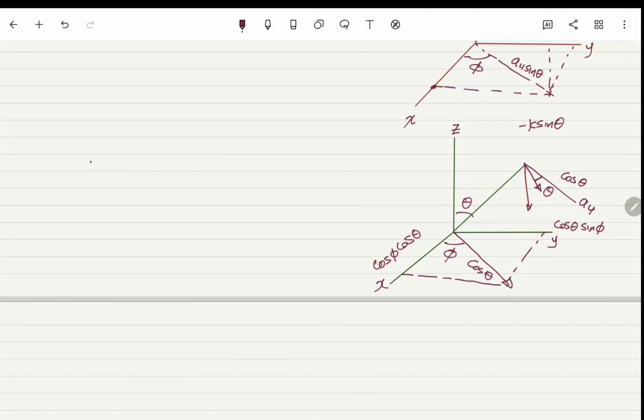After all, theta hat will be equal to I hat cosine phi cosine theta plus j hat sine phi cosine theta minus, because it's negative here, k hat sine theta.